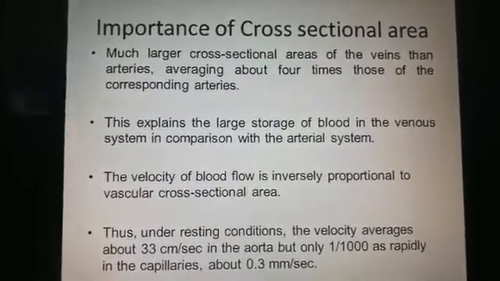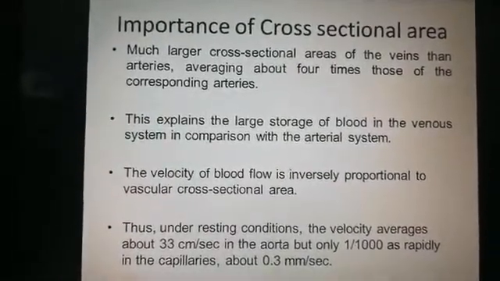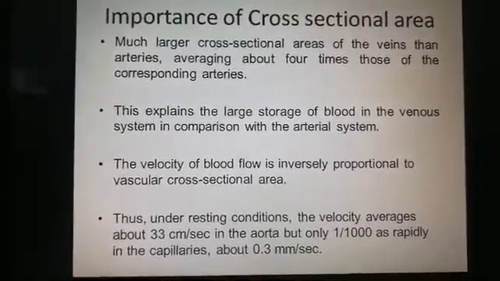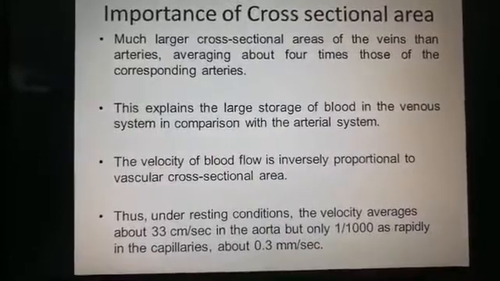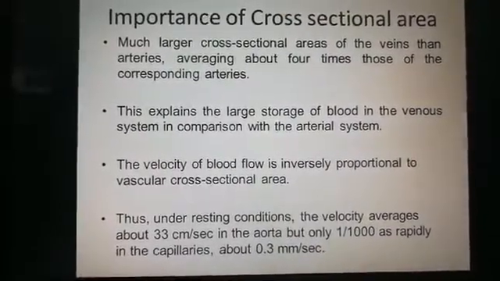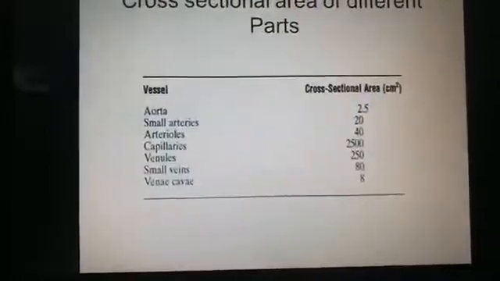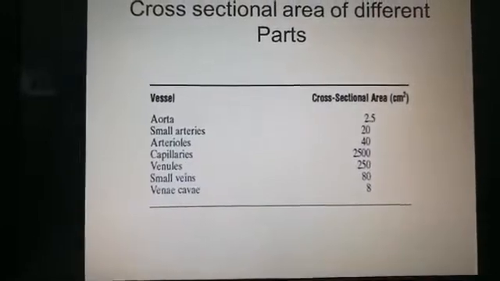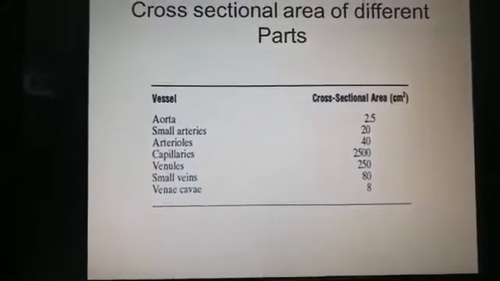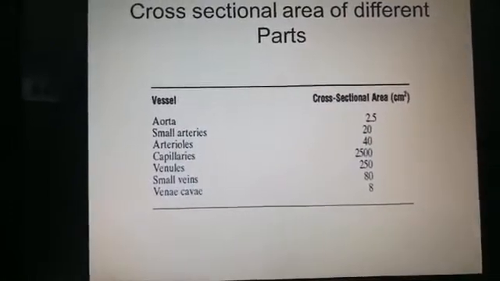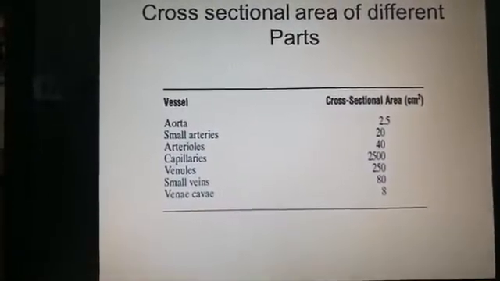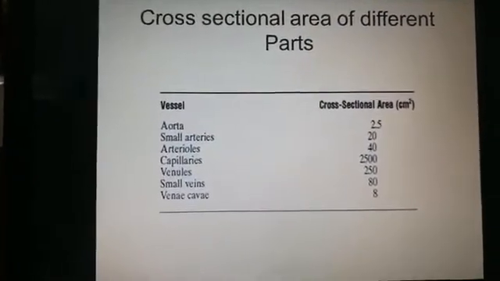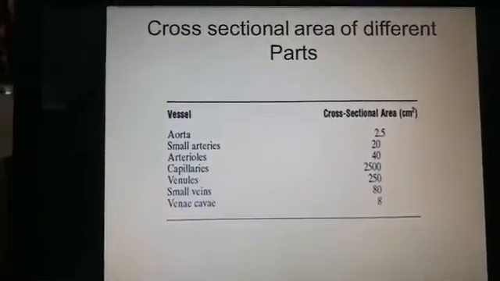So the velocity of the blood in the aorta is more as compared to capillaries. Why? Because the aorta has less cross-sectional area than capillaries. You can see here, the aorta has 2.5 centimeter square cross-sectional area, while capillaries have 2500 centimeter square cross-sectional area, because all the capillaries of the body together have a cross-sectional area of 2500.